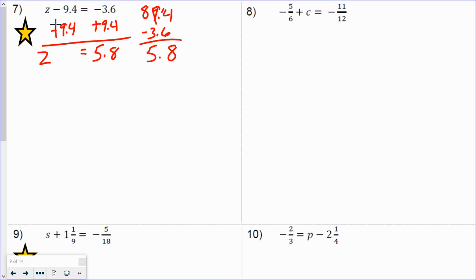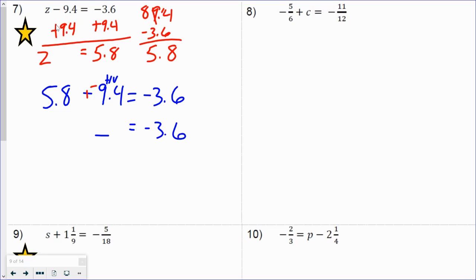Okay, so I'm going to replace Z with my 5 and 8/10. I'm going to subtract from it to see if I get a negative number. So remember, we have to add the opposite. So now I see I have different signs. I know my answer is going to be a negative because this is my higher value.